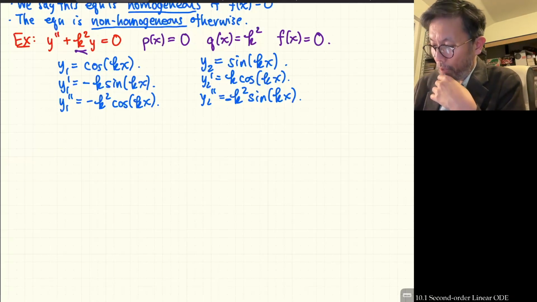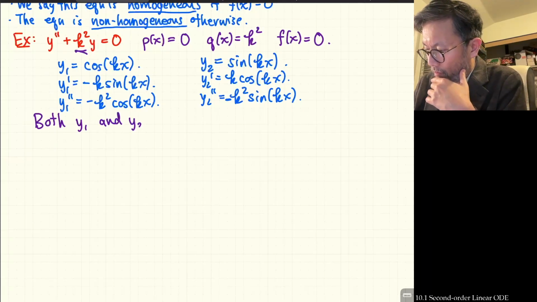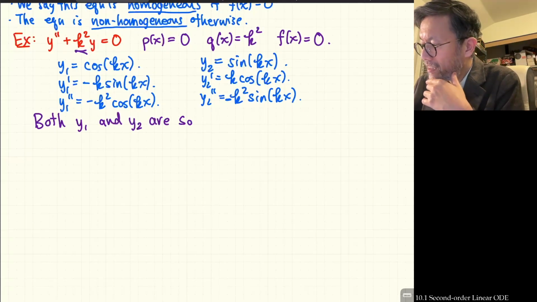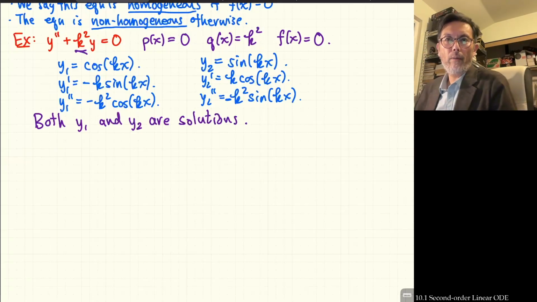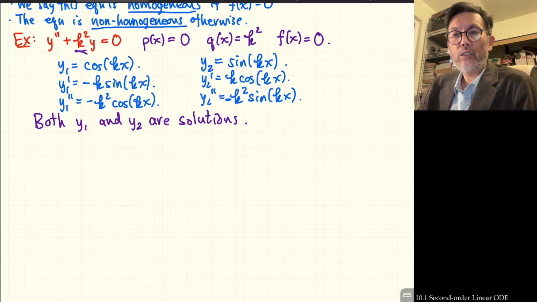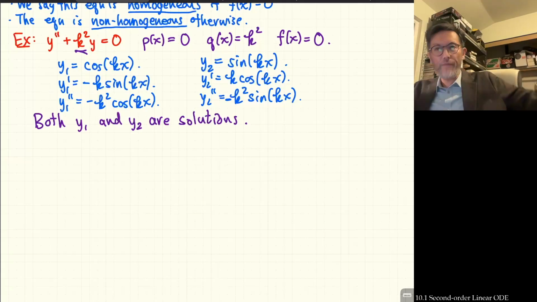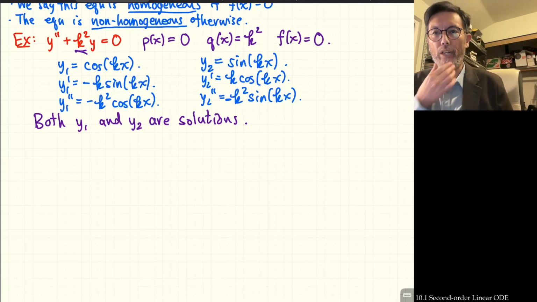So point being, both y1 and y2 are solutions. Now, this isn't exactly a weird state of affairs, right? Back in the good old days of first-order linear differential equations, we already saw that you can have infinitely many solutions to a differential equation.